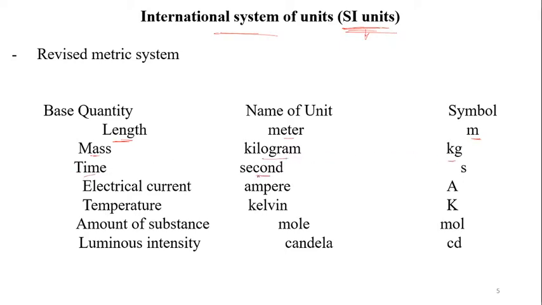Time is measured in seconds, symbol s. Electric current is measured in amperes, symbol A. Temperature in Kelvin, symbol K. The amount of substance in mole, symbol mol. Luminous intensity is measured in candela, symbol cd.